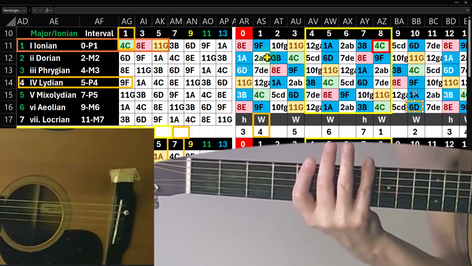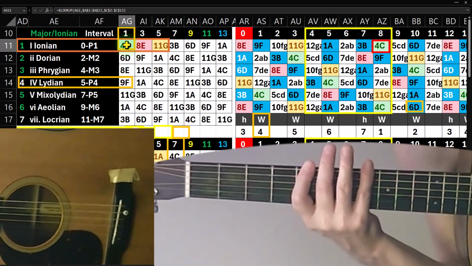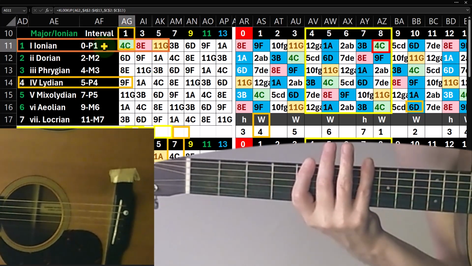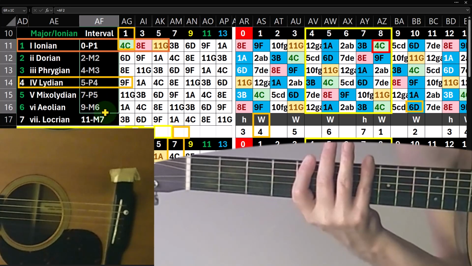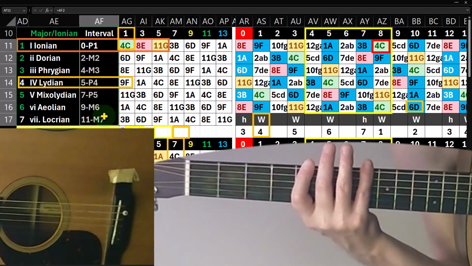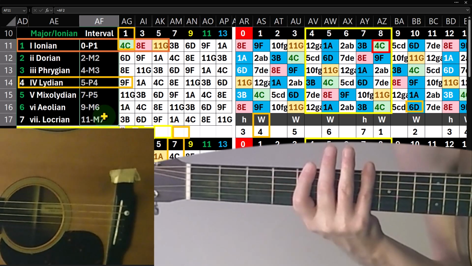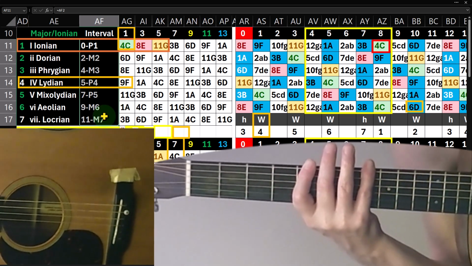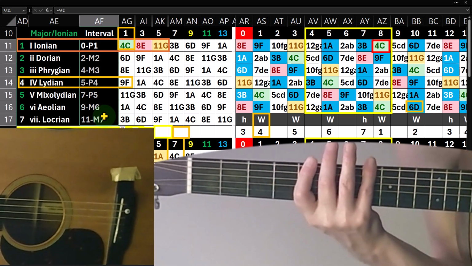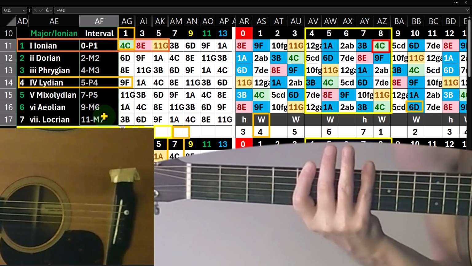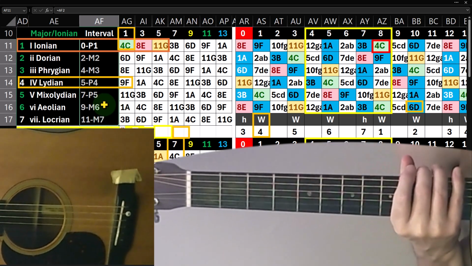Whereas if I'm thinking of the intervals from the first position, then I have all of the intervals that I'm going to be looking at that are relative, like 1 note away, 2 notes away, 3 notes away. So you've got the minor second, the major second, the minor third, the major third, the perfect fourth, the perfect fifth, and so on and so forth.